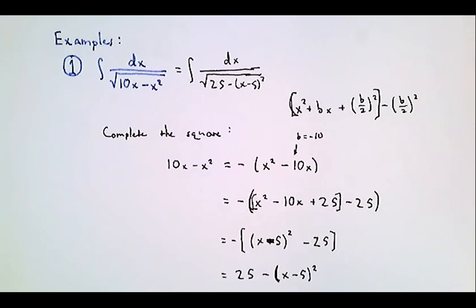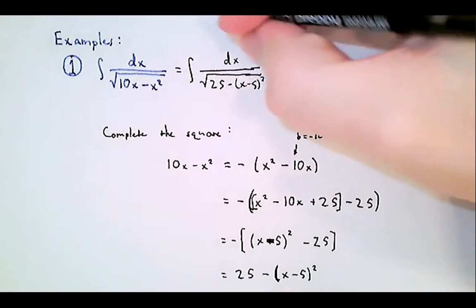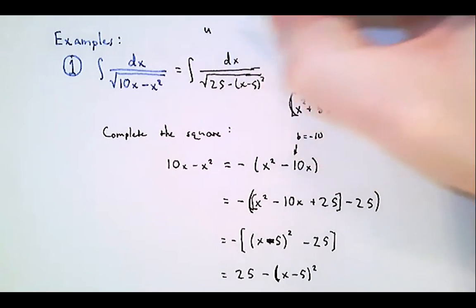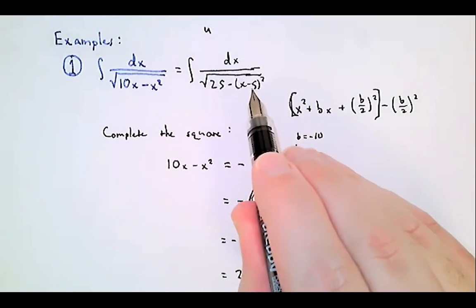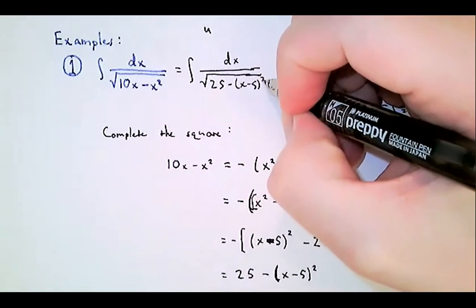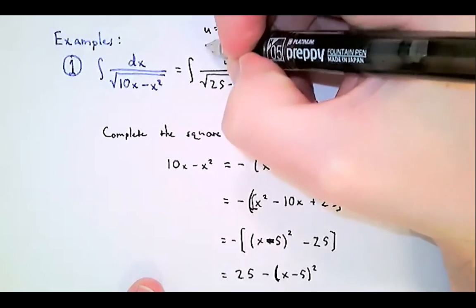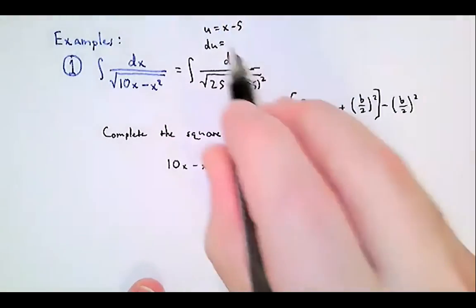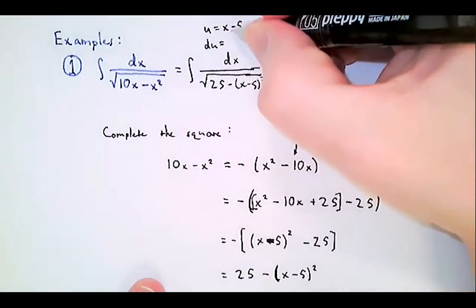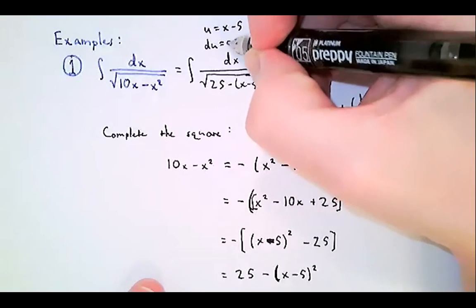So let's get rid of this again. So we're going to say u is equal to this bit in parentheses, x minus 5. And then du would be the derivative of this, which is just 1 times dx.